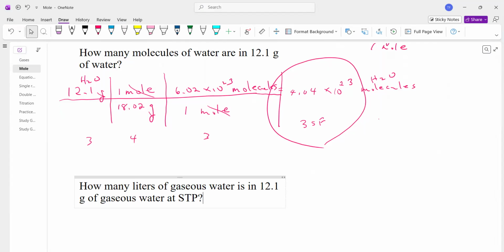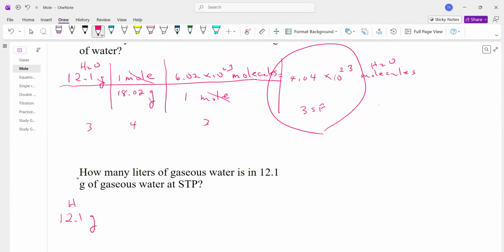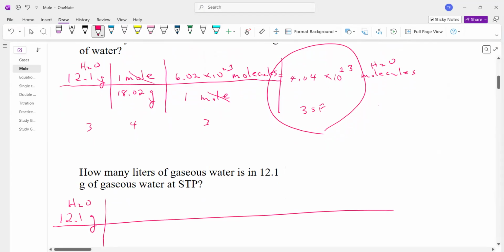Okay, so we're going back to our what's given. Okay, so if in doubt, convert to moles. So let's get our grams into moles.